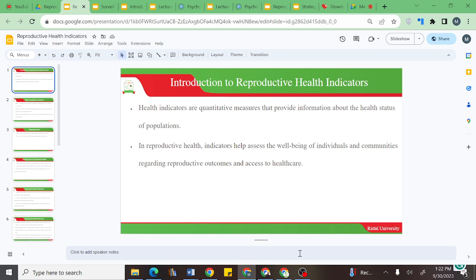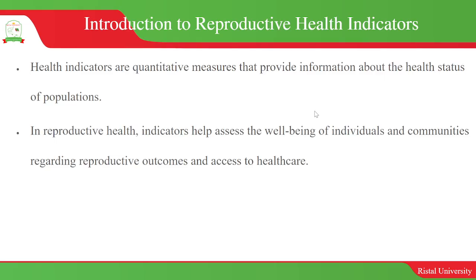So we have what you call health indicators. Health indicators allow us to gauge, to understand the health status of a given population. We can know what conditions the community or a given population is suffering, what conditions are affecting most of the members of the community.